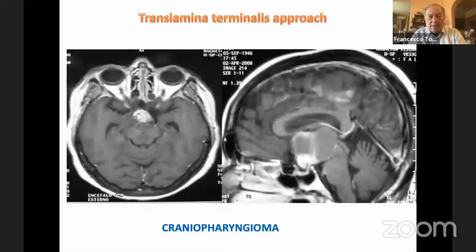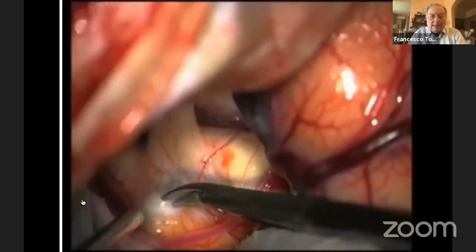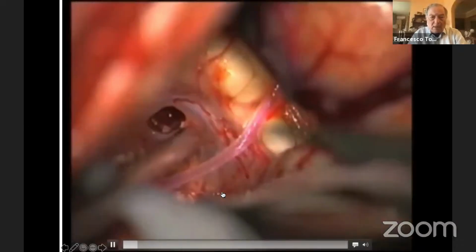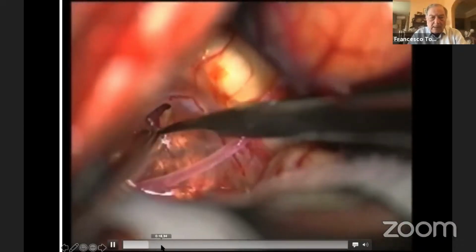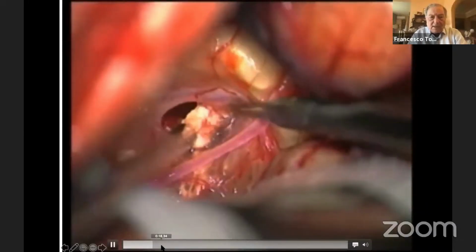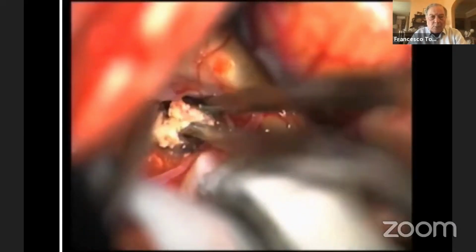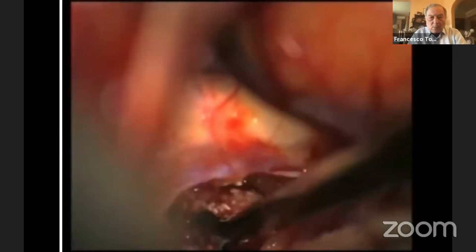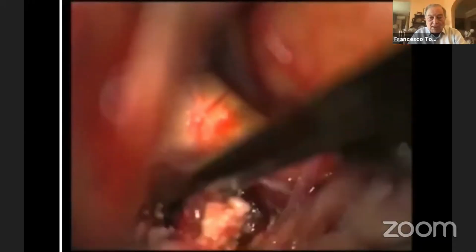So this is craniopharyngioma, always with a calcified solid component, the opening of the lamina terminalis, and we see immediately the calcified portions of the tumor, and we can remove it piecemeal through this opening.